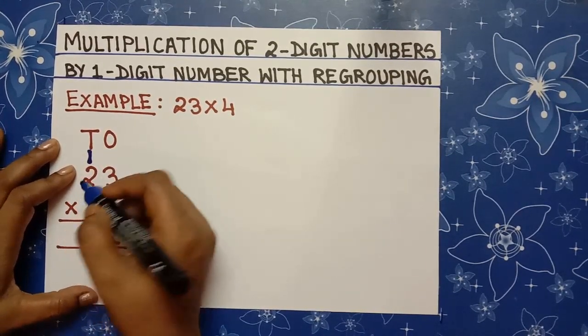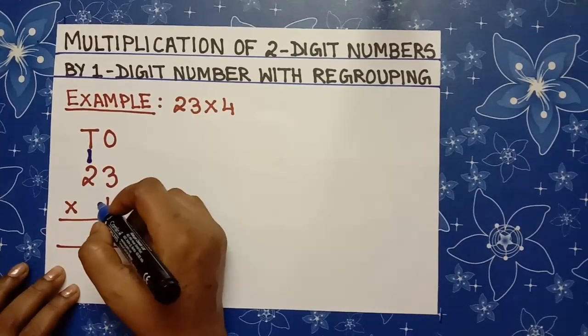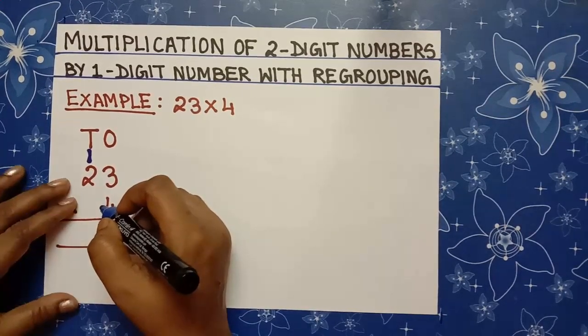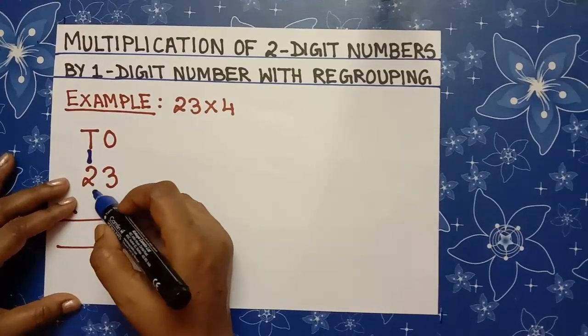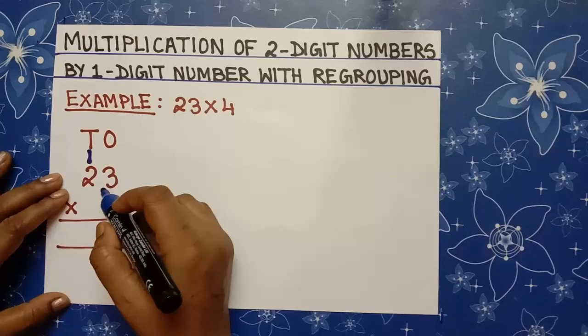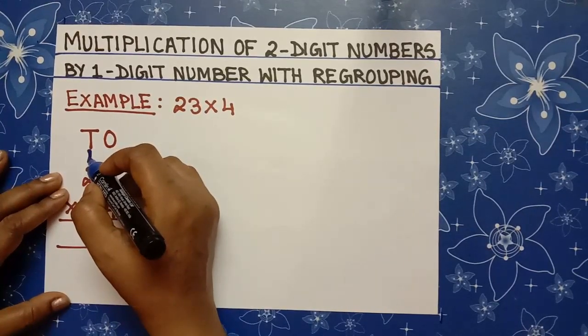Now multiply the tens column. So 2 tens into 4. How much are we getting? 8. Add 8 and 1, which is the carried over number.